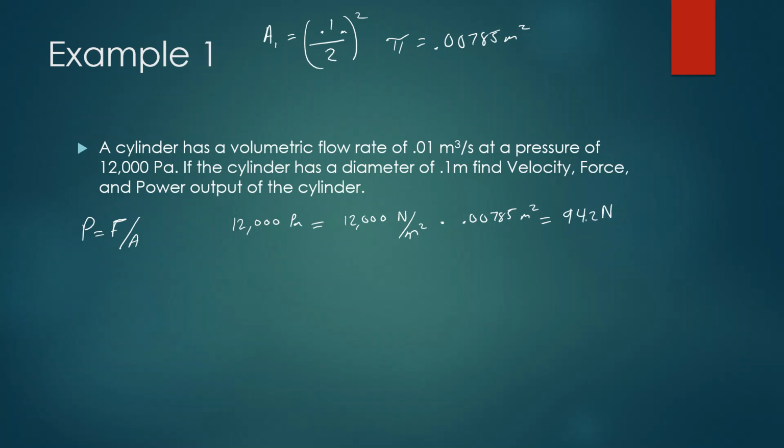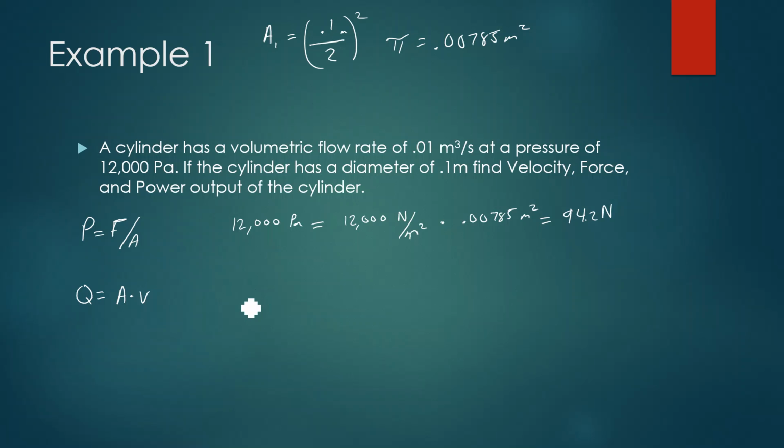We have volumetric flow rate is 0.01 meter cubed per second, and we can find velocity with this. So Q equals area times velocity.